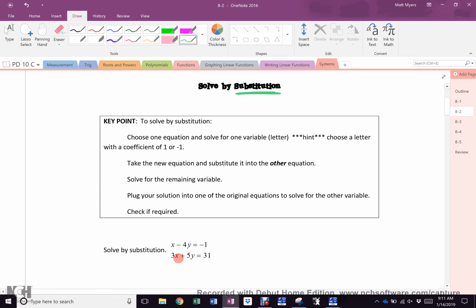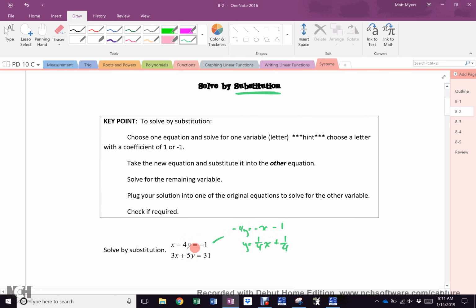If we were going to graph this, would it be easy to do? Really? No. That one would be negative 4y equals negative x minus 1, y equals 1/4 x plus 1/4. Is that easy to graph?